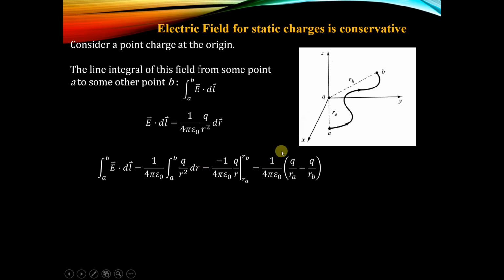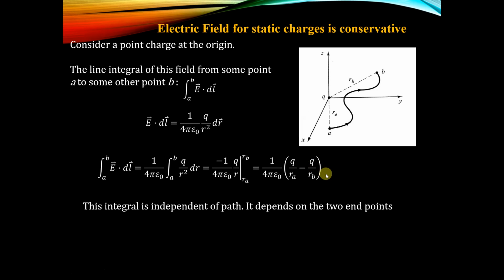If we integrate this and put the limits, so the distance to the point A is given as RA and the distance to the point B is given as RB, then this integral simplifies to 1 by 4 pi epsilon naught into Q by RA minus Q by RB.